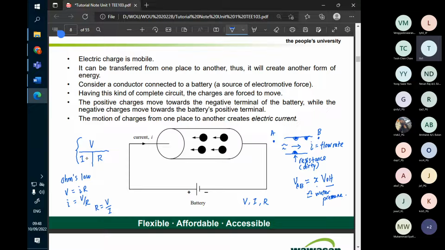If you can visualize this one in your head, I think it won't be difficult for you to remember this equation.